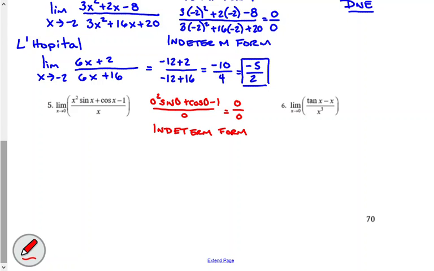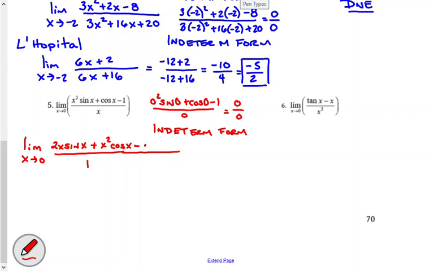Okay, which means that we can do L'Hopital's. We can find the derivatives of the top and the bottom. The bottom's 1, and then the top, I'll have to do product rule to take the derivative. So 2x sine x plus x squared cosine x plus, oops, I should do minus, right?